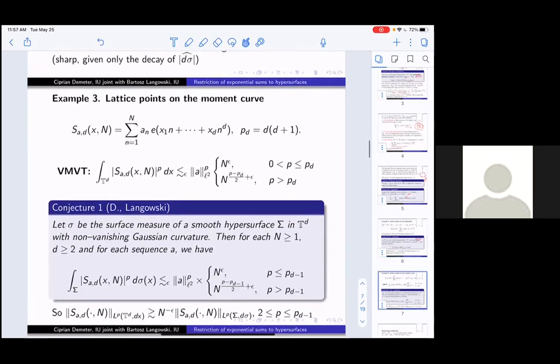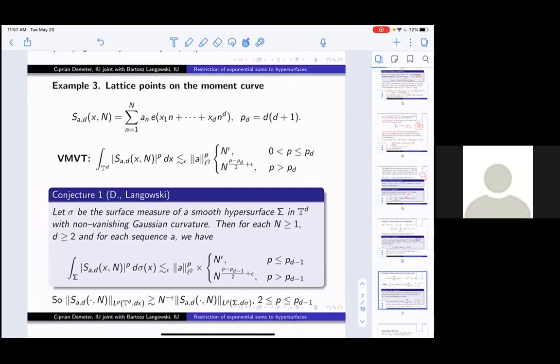Alrighty. So the moment curve. The case of the moment curve came as a natural continuation, if you want, of the previous two examples. And there has been some previous work by Chen and Shparlinski in the last 2 years or so regarding such estimates for the moment curve.